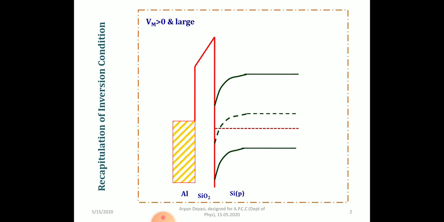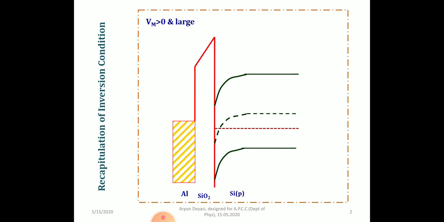You may ask why the valence band will bend downwards? Because by application of bias, we can't change the band gap of a semiconductor. So if the conduction band bends downwards with a particular radius of curvature, then the valence band will also bend downwards with the same radius of curvature.